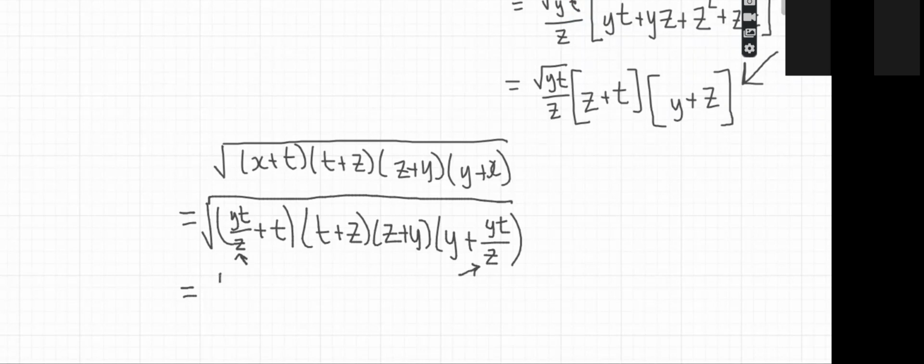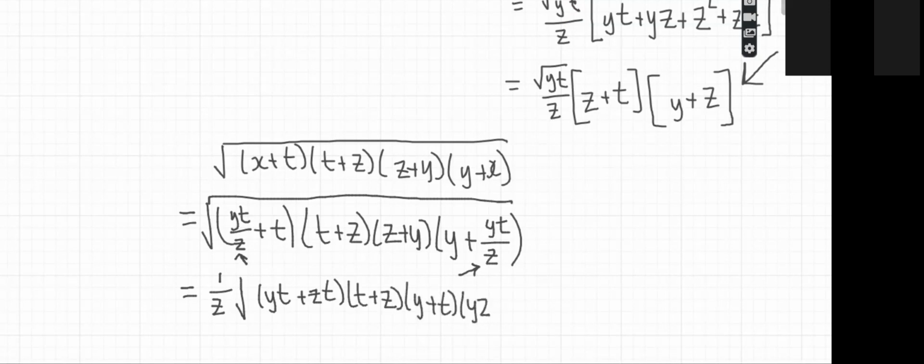And since it's a square root, we'll have 1 over z out at the front, and we'll have (yt plus zt), (t plus z), (y plus t). And here we'll have (yz plus yt).